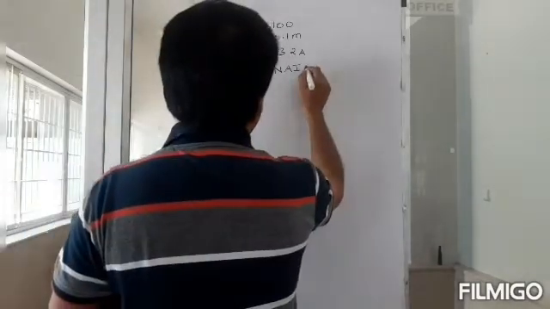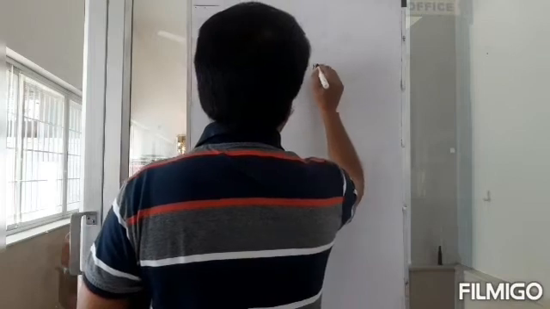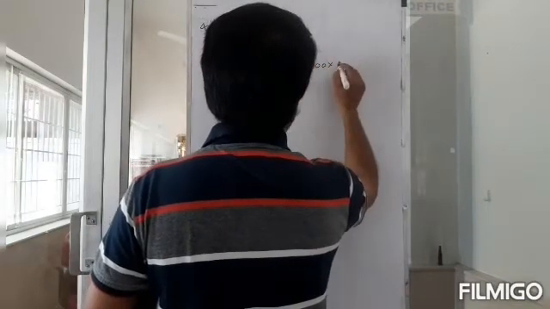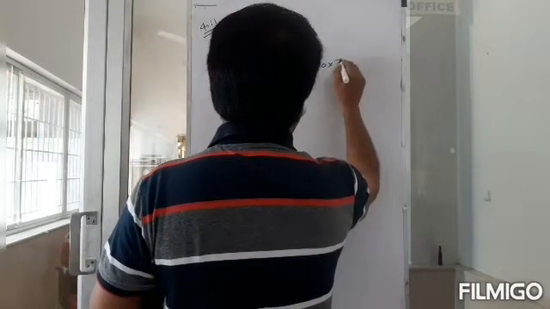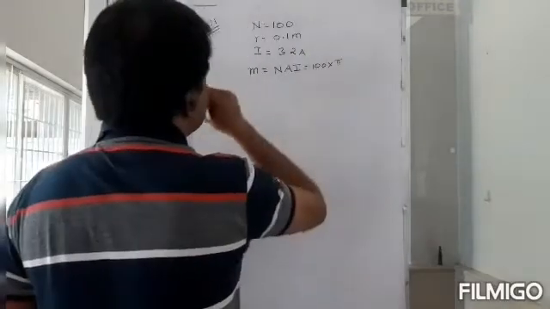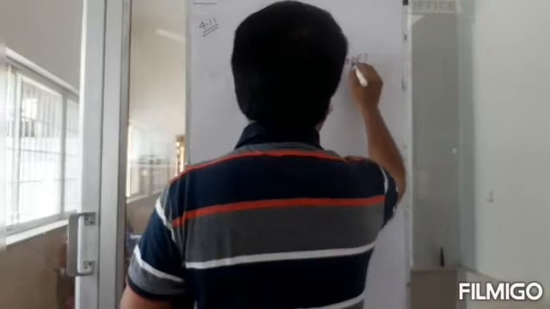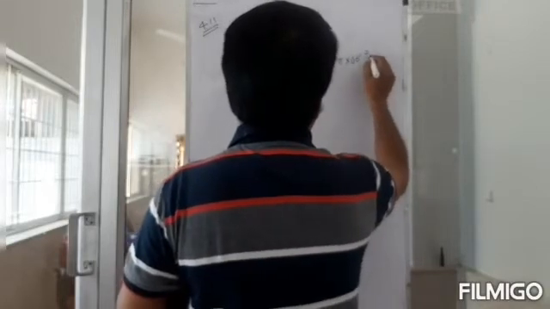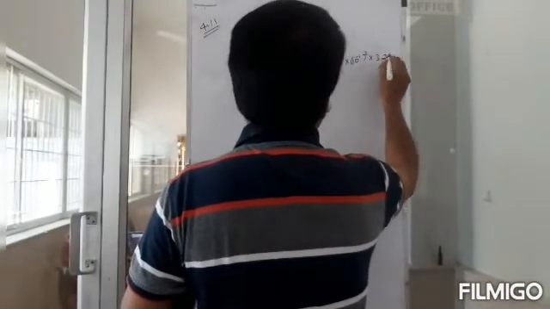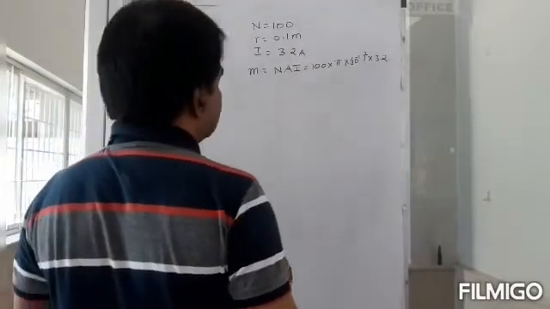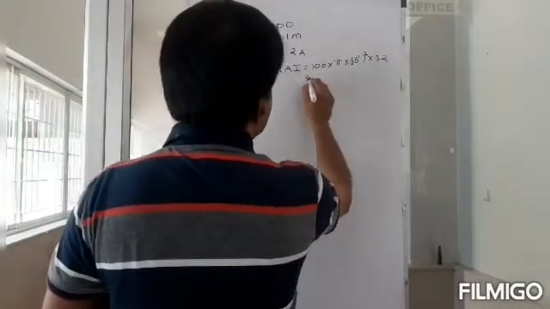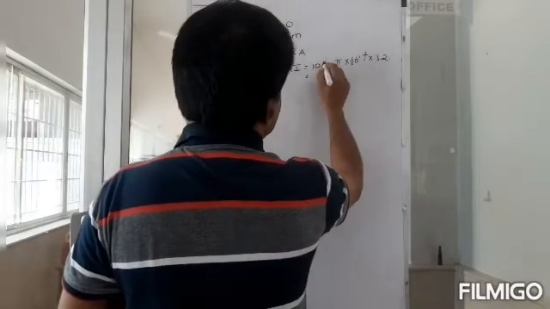So that gives you N is 100 and then A is pi R squared. R is 0.1, so 10 power minus 1, pi R squared. I is 3.2. Here also, this is 10 power minus 2 and the 100 will cancel.